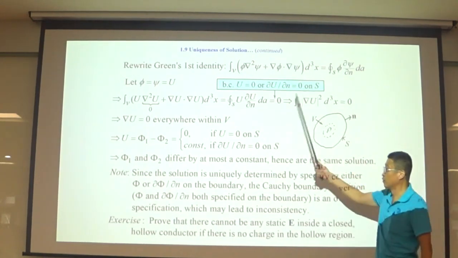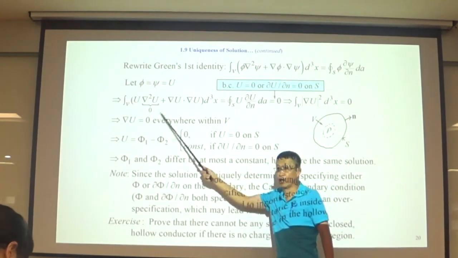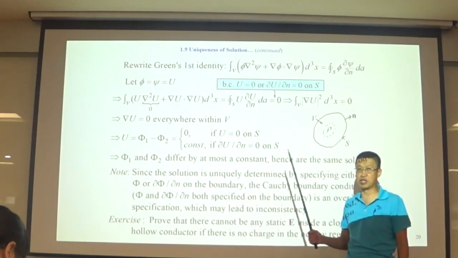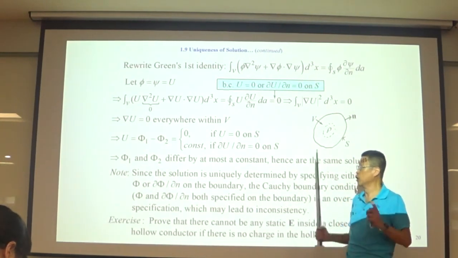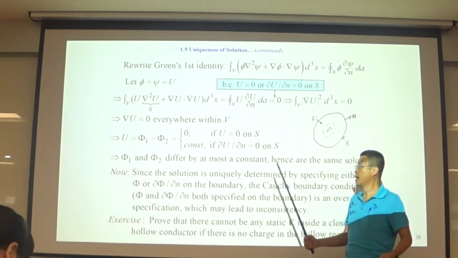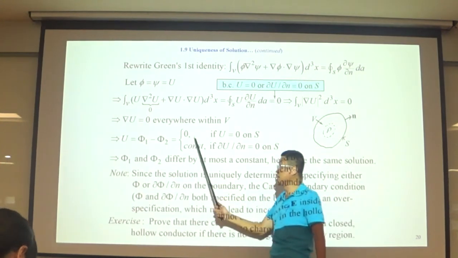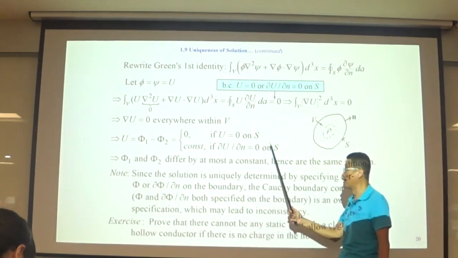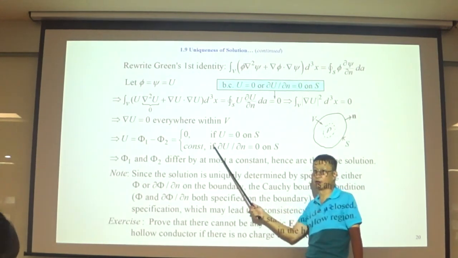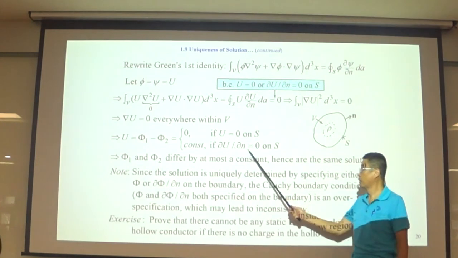That is, gradient U equals 0. So not just Laplacian U equals 0, gradient U equals 0 as well. That means U is a constant, so the two solutions differ by a constant. Okay.